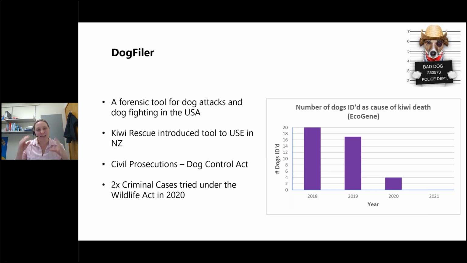And if we get the same signal from multiple bite wounds, then that increases our confidence that we've actually identified Max the dog as the killer, as opposed to just came up and sniffed it or licked it post-mortem.